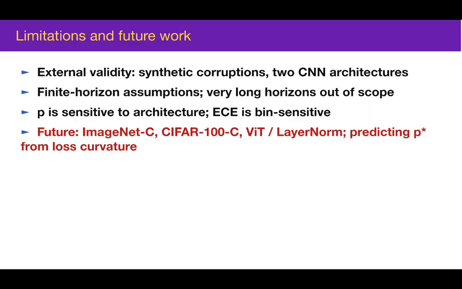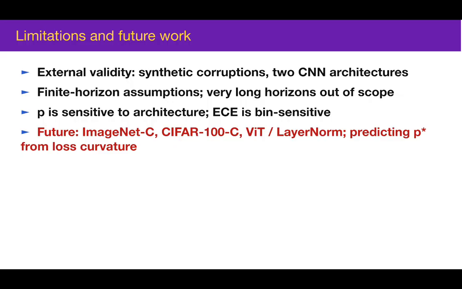So naturally there are some limitations. I only test on synthetic corruption and two CNN models, so I cannot yet claim it generalizes everywhere. My theory also assumes a limited time horizon, and the tether strength p is a bit sensitive to the architecture.